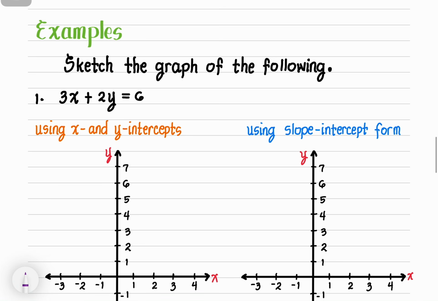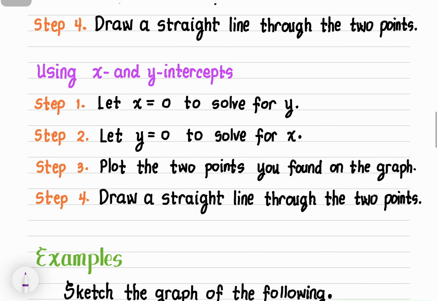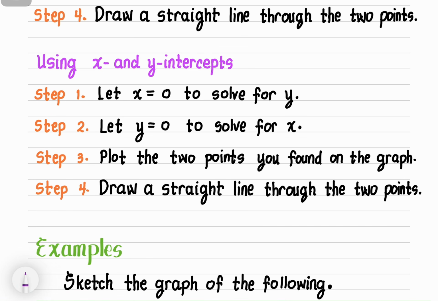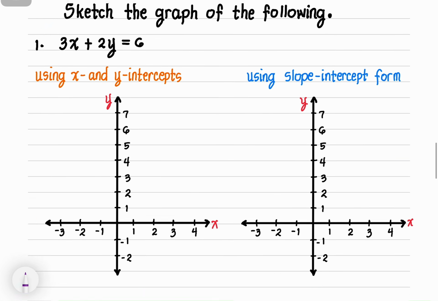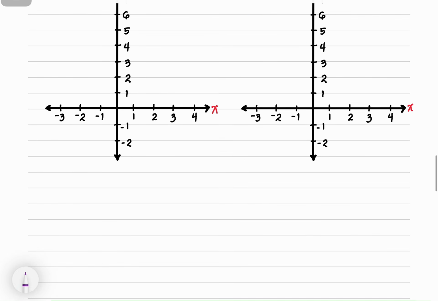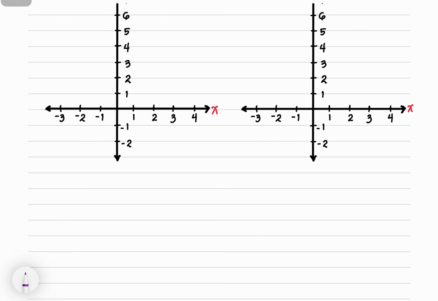So, using the x and y intercepts, so dito pinaliwanag natin. So, let x be equal to 0 to solve for y. So, magsasolve tayo dito. Let x be equal to 0 to solve for y, hindi ko na isusulat yon.